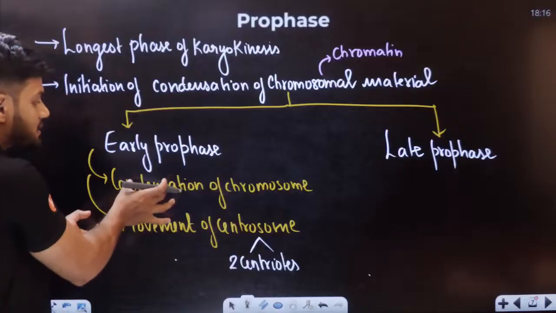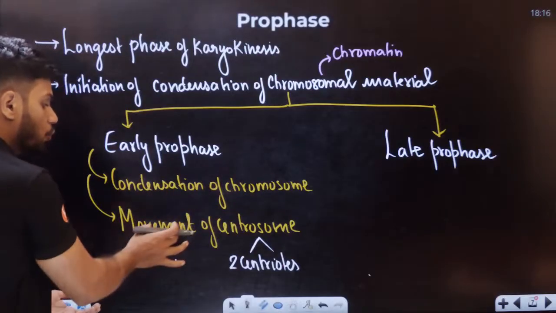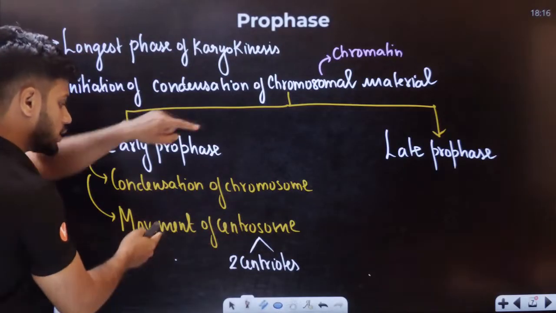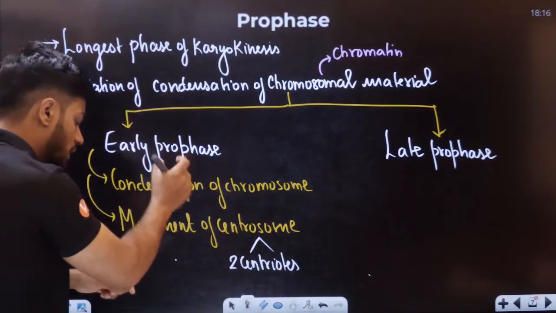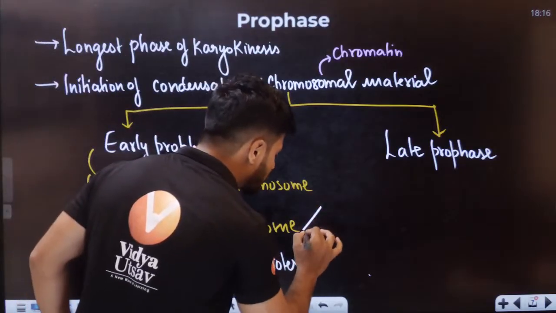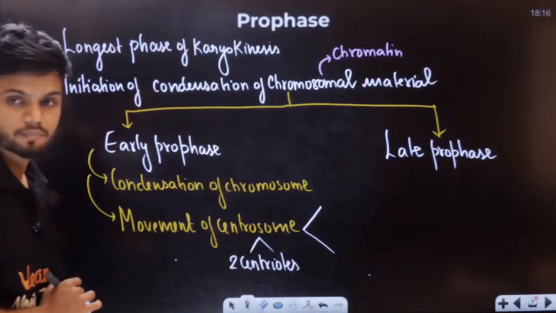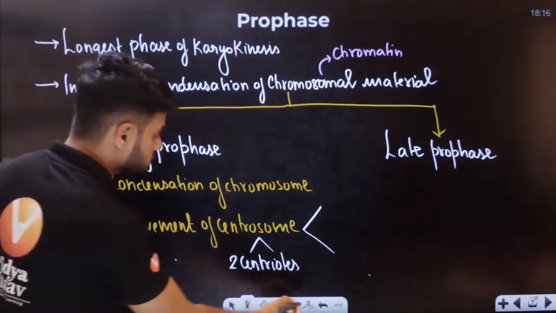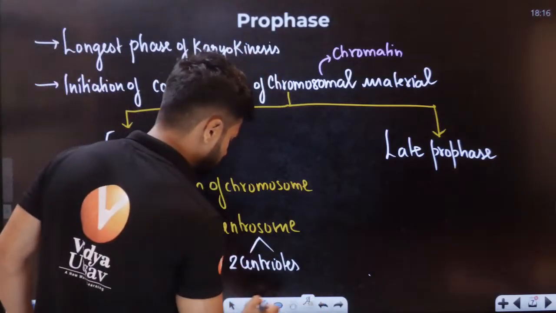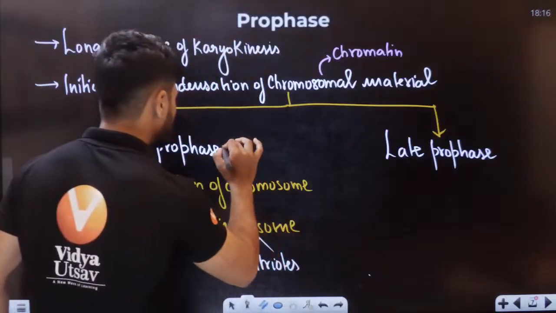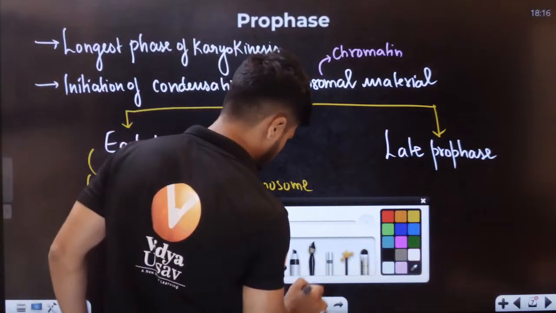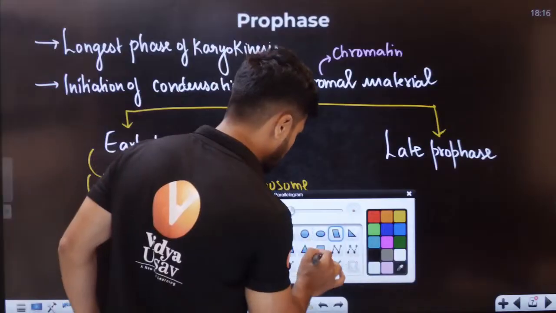So I told you there is condensation of chromosome happening. Movement of centrioles, centrosome is happening towards the opposite poles. Now here, there are two types of microtubules. Let me just draw a box here.